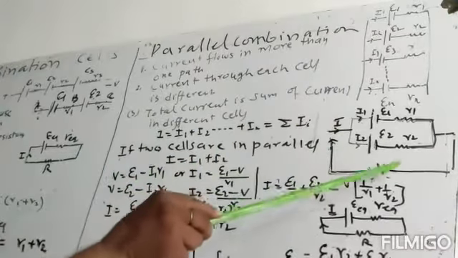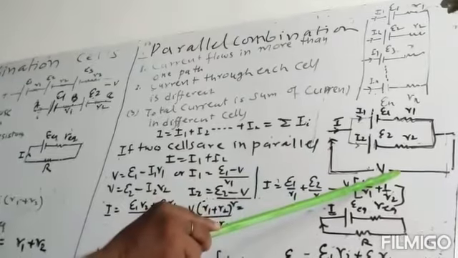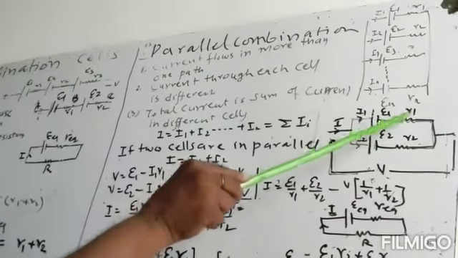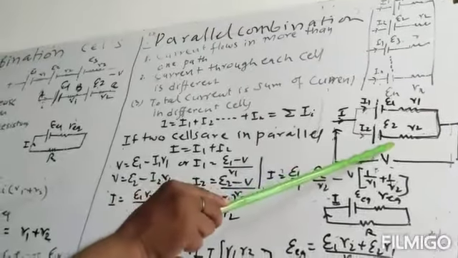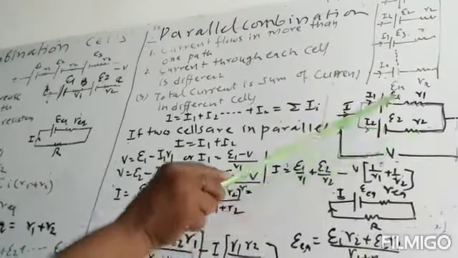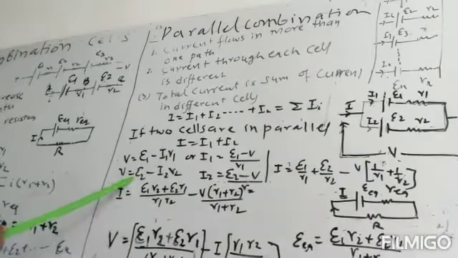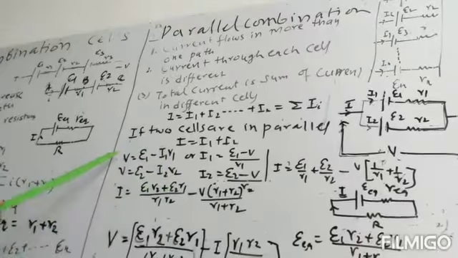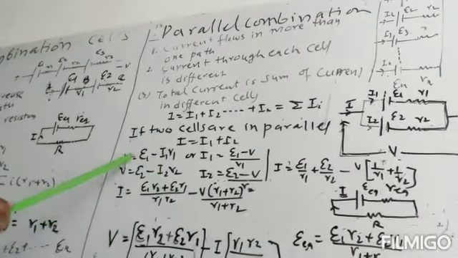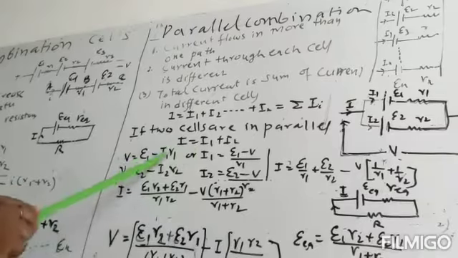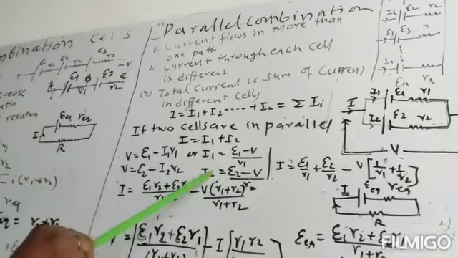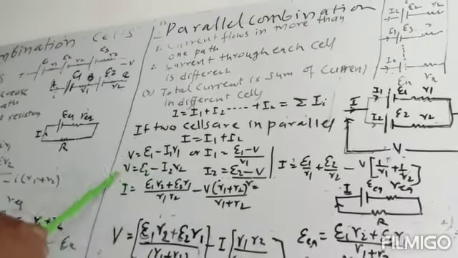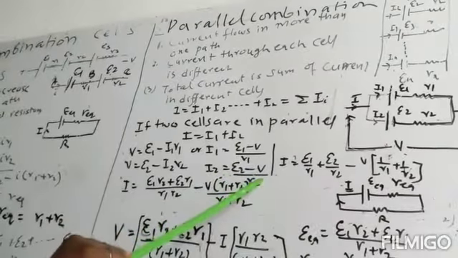The terminal voltage V will be equal to epsilon 1 minus current I1 into R1. Here also the terminal voltage V will be equal to epsilon 2 minus I2 into R2. So we can find I1 equal to E1 minus V divided by R1, and I2 equal to E2 minus V divided by R2.